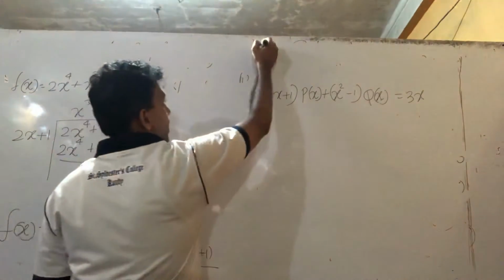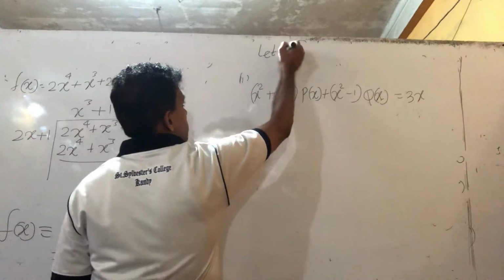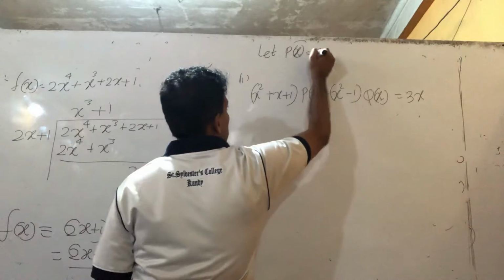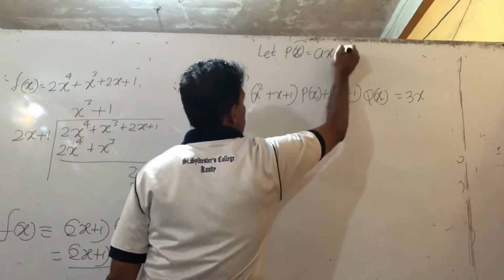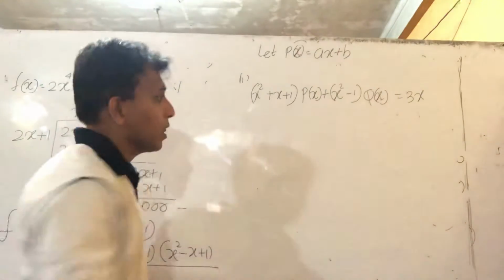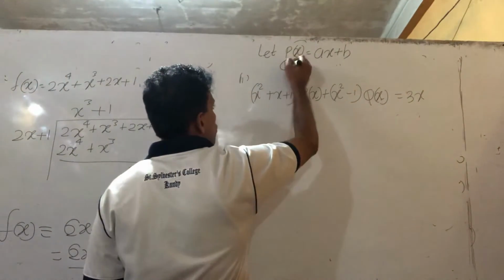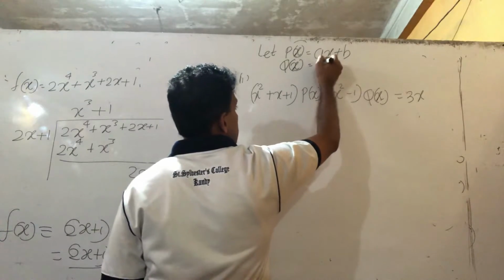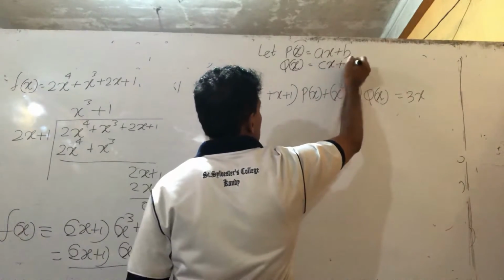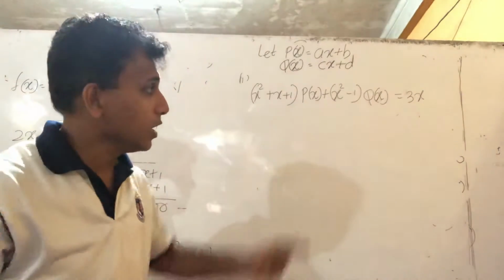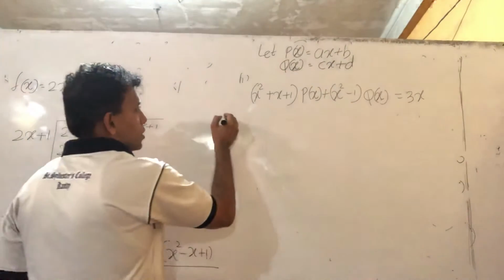So can I take, let p(x) be ax plus b. I take p(x) equal ax plus b, right? And take q(x) equal cx plus d. Can I take cx plus d, two different linear patterns? So now substitute here.